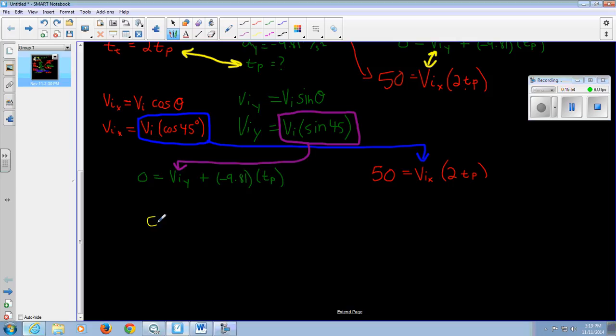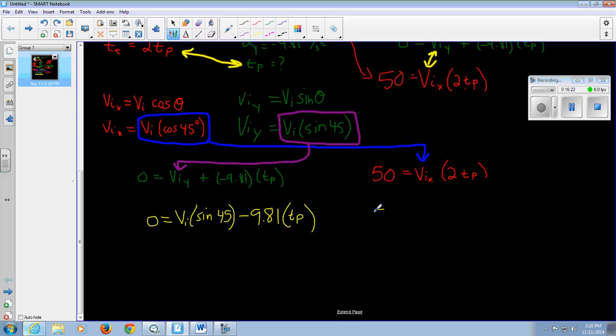This will become 0 equals VI times sine of 45 degrees plus a negative 9.81 times time peak.